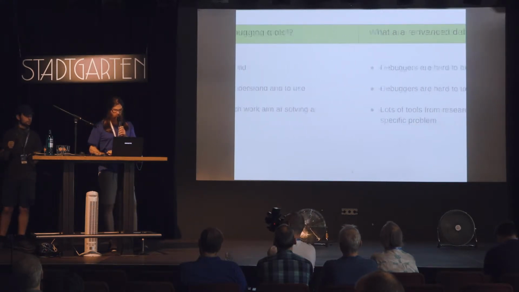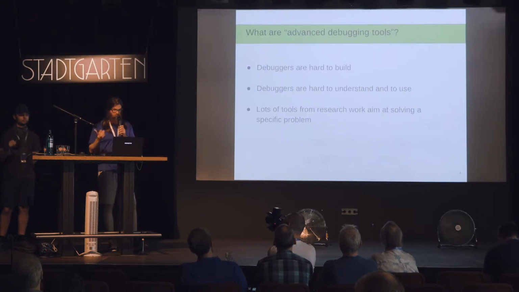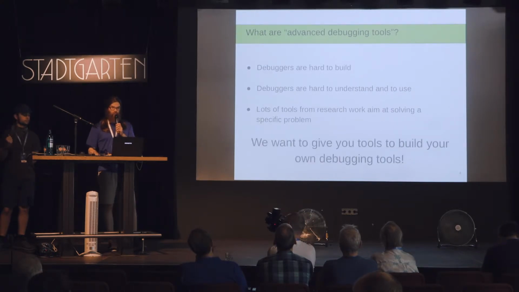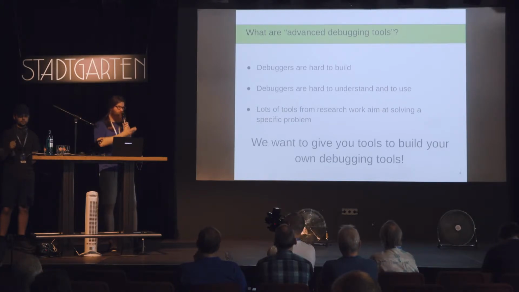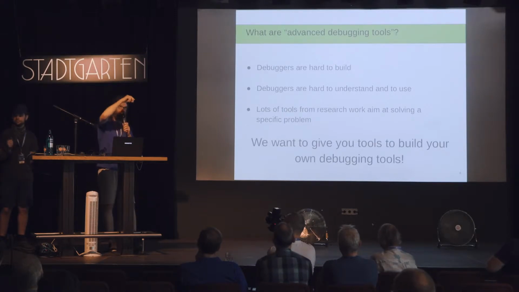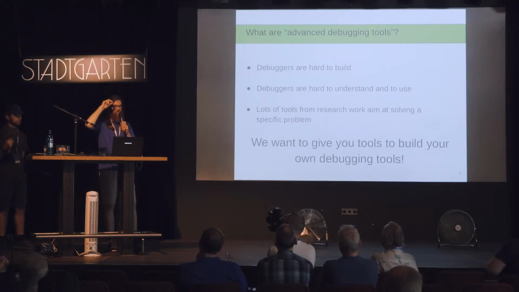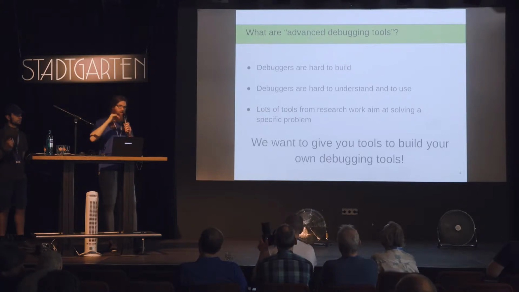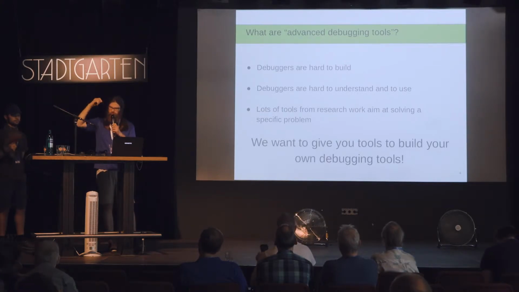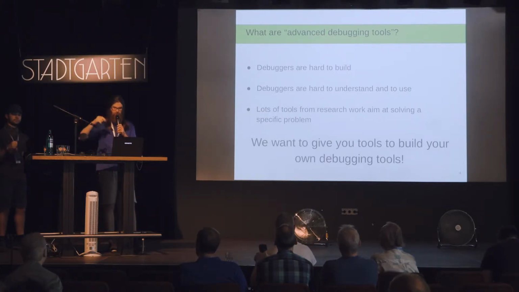So our goal is to give you tools to build your own debugging tools for your own problems. So instead of having a lot of different solutions and having to use lots of different tools, you have one main tool from which you build your own specific debugging tools.